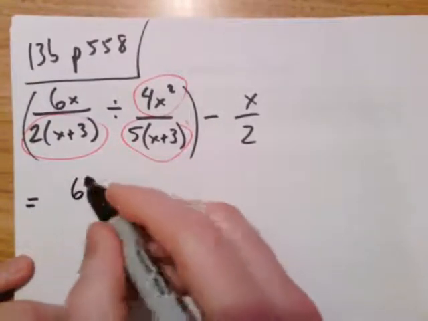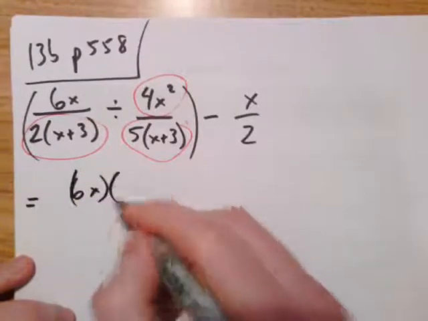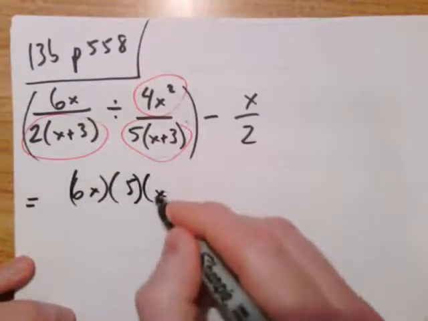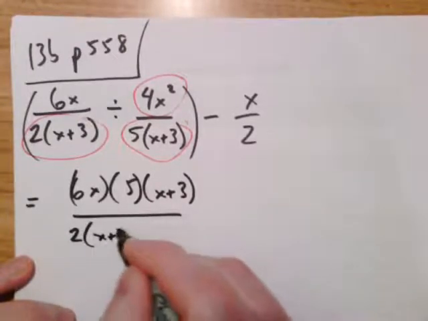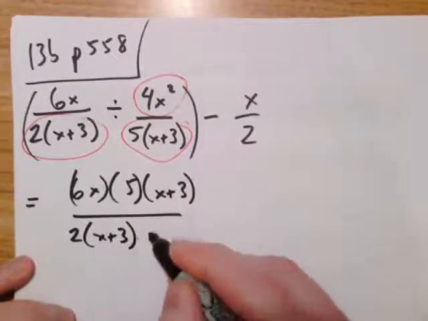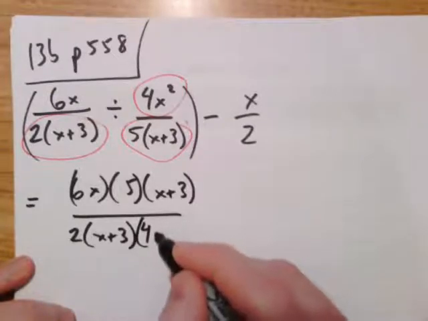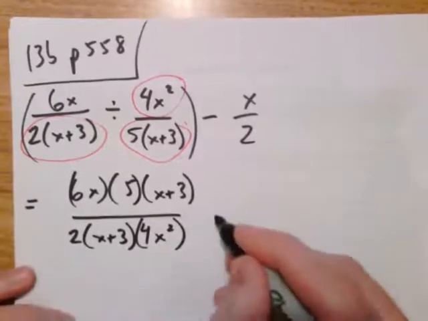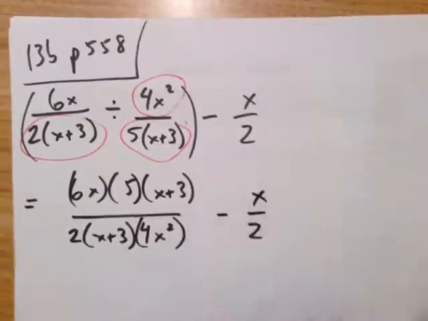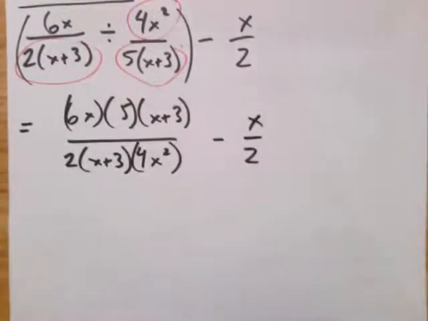So we have 6x times 5 times x plus 3 over 2 times x plus 3 times 4x squared. So, oh yeah, minus x over 2. So let's simplify a little bit before we get into this nonsense.